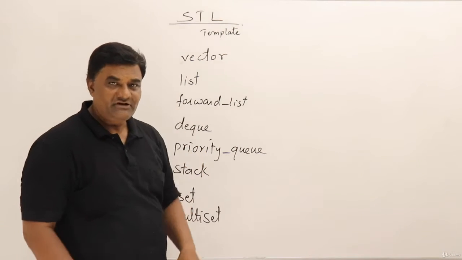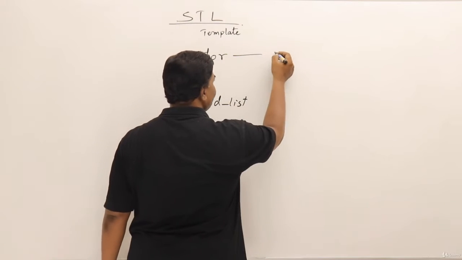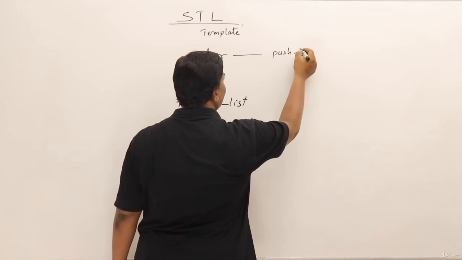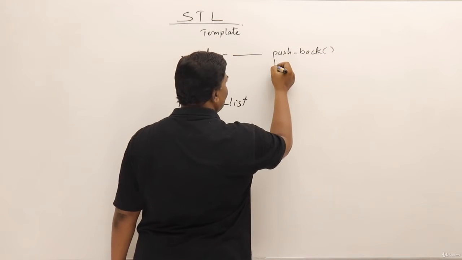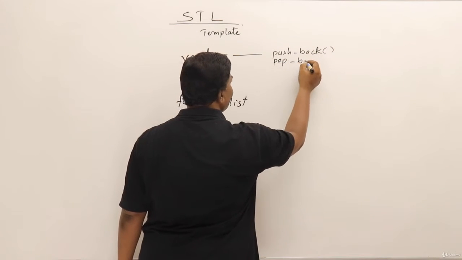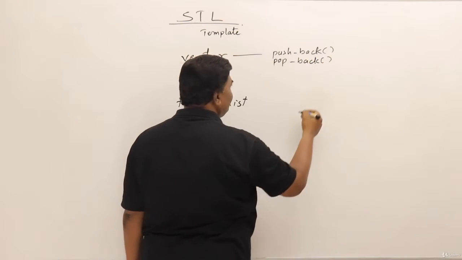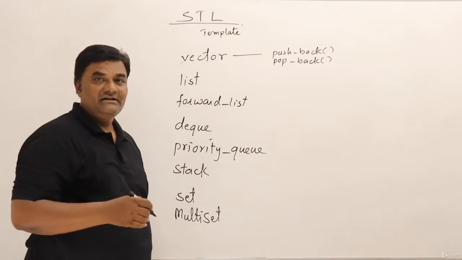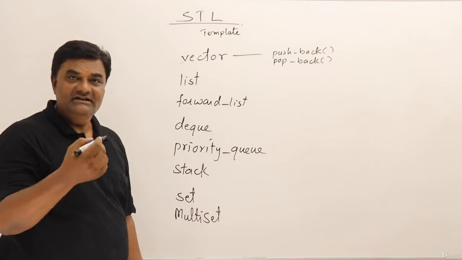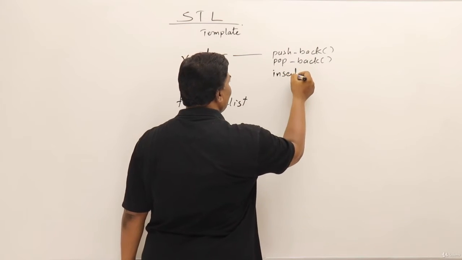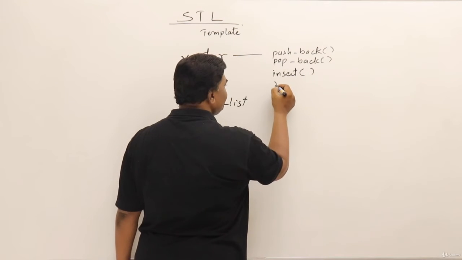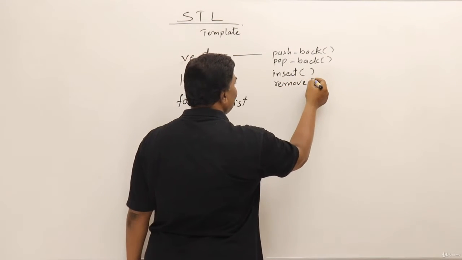So let us see what functions are available in this one. There are functions like push back, so you can insert an element at the back of an array, or pop back, to delete an element from the last end of an array. Push back for inserting and pop back for deleting an element. Then you have a function available for insert, and a function for removing an element.